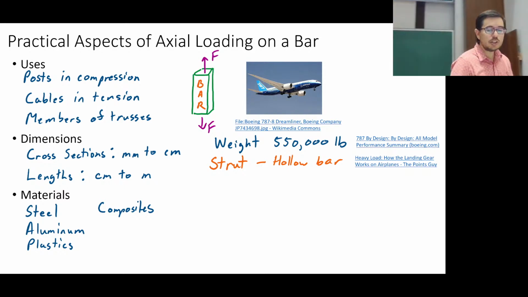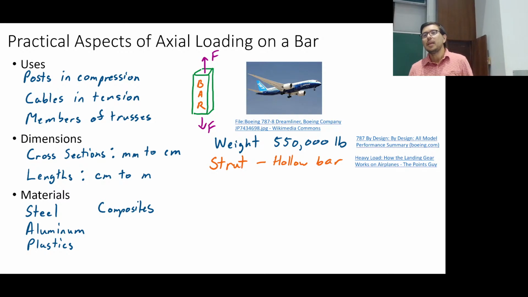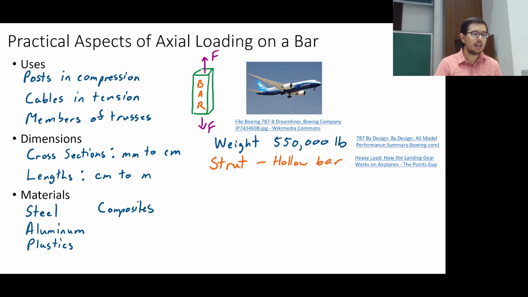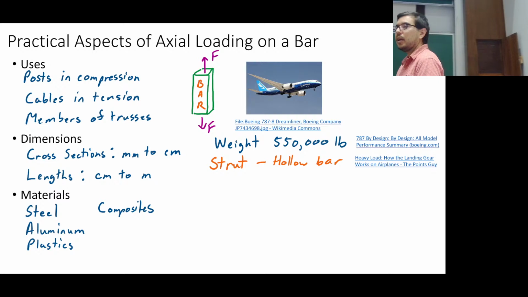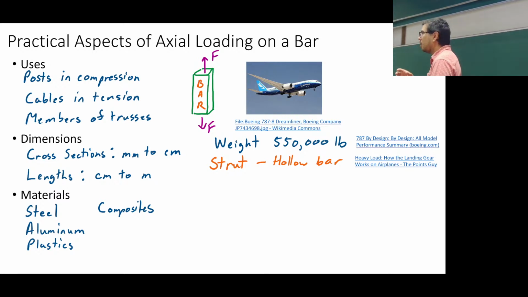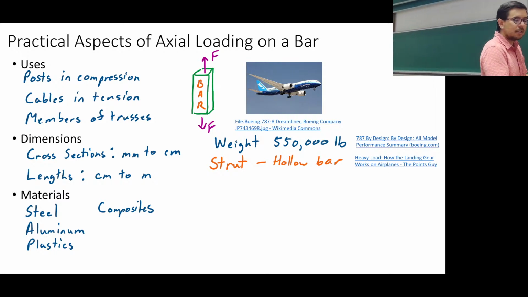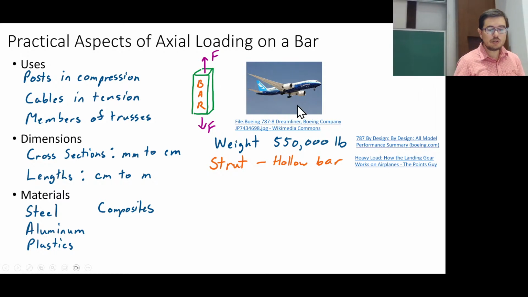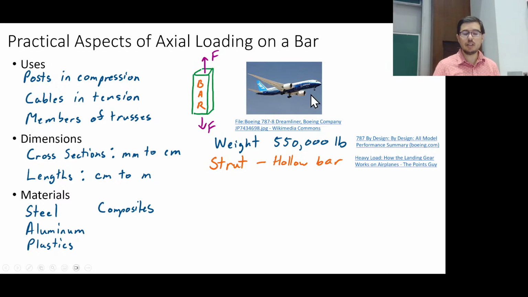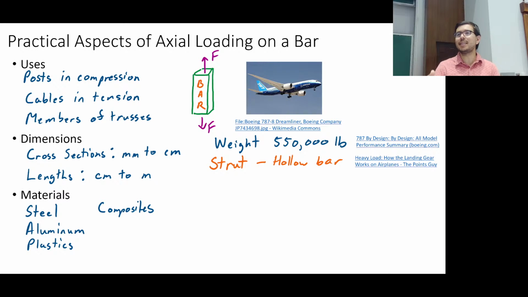Anyway, a strut is essentially a hollow bar. So a bar doesn't have to be solid either. And how many of those do you think there are? Well, in this plane, 3, or 3 strut systems, you could say.